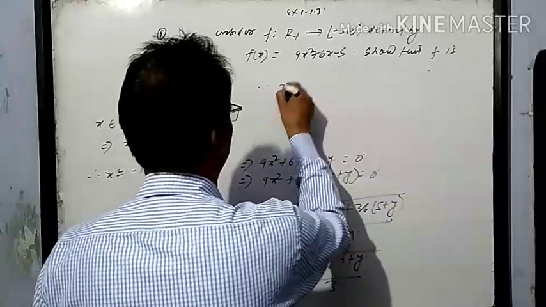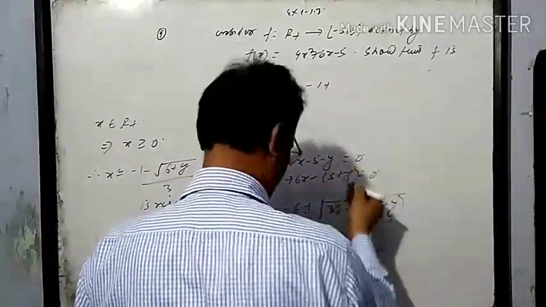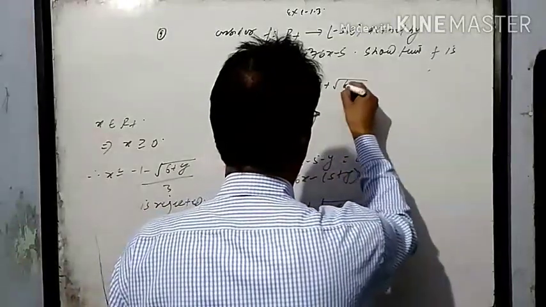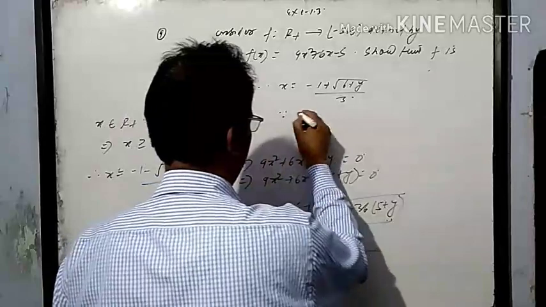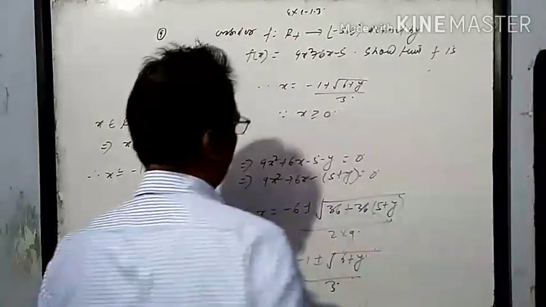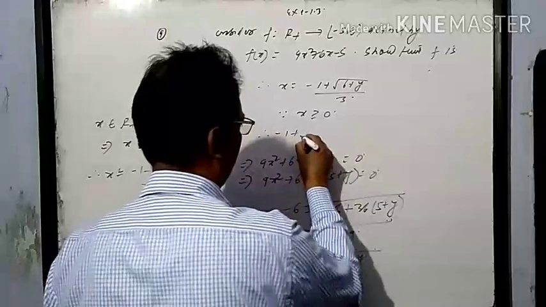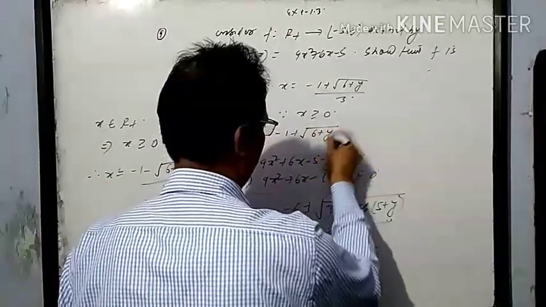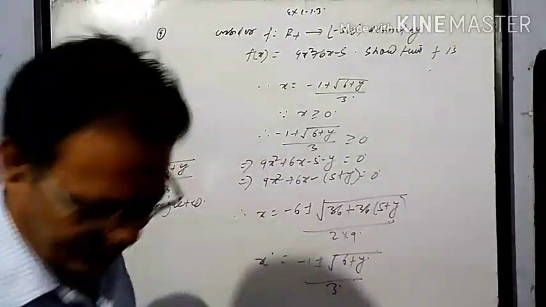Since x is greater than or equal to 0, therefore (-1 + √(6 + y))/3 is greater than or equal to 0.